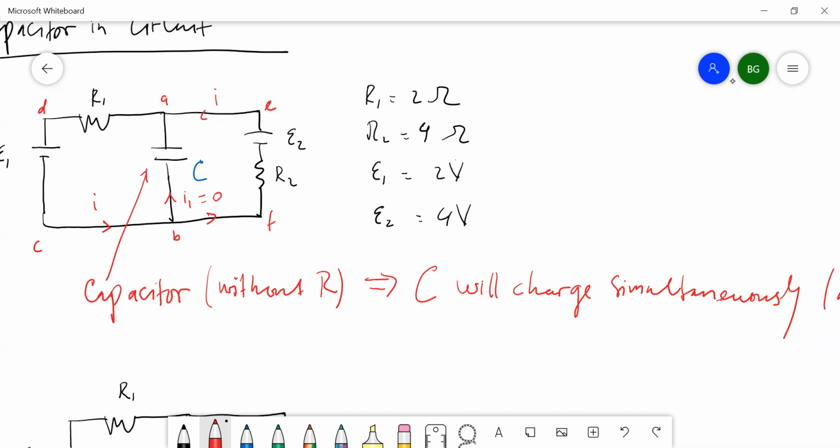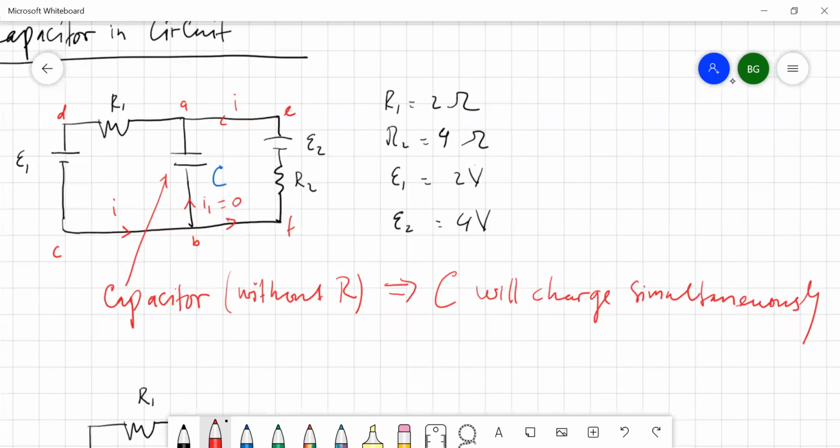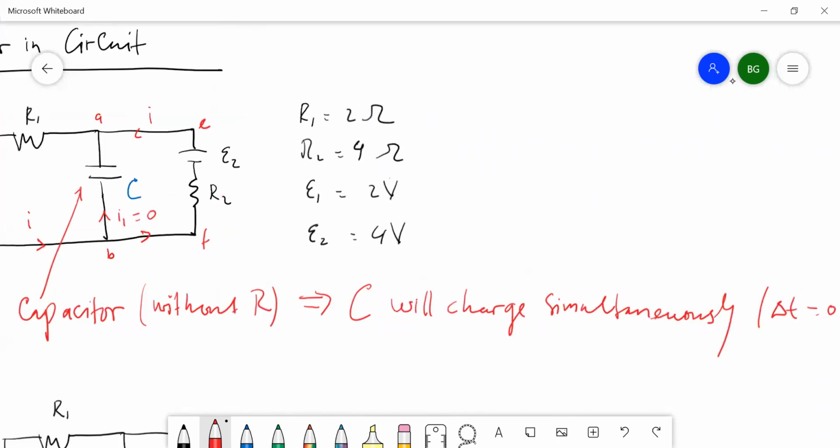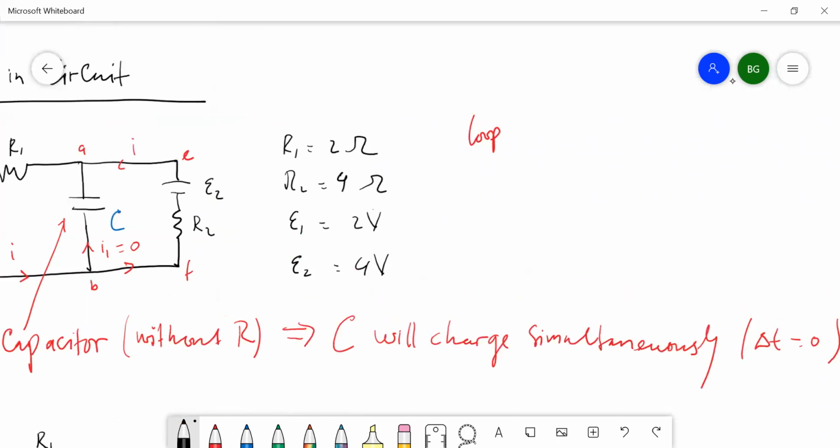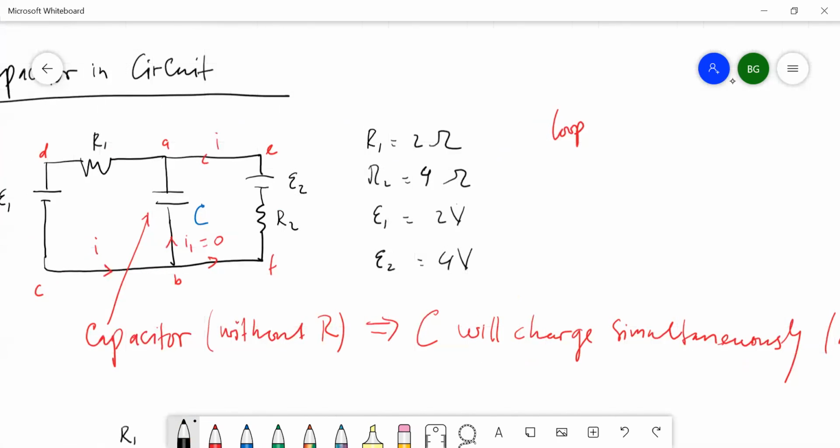What is the current in here? So we could take a loop, for example, loop D, A, E, F, B, C, D.